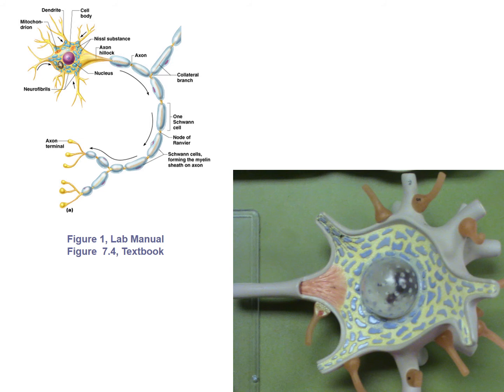The processes extending from the cell body here are the dendrites. These are the processes that conduct nerve impulses, or I should say electrical signals, toward the soma. Here we have the axon hillock. That's the beginning of the axon, which is this structure here.